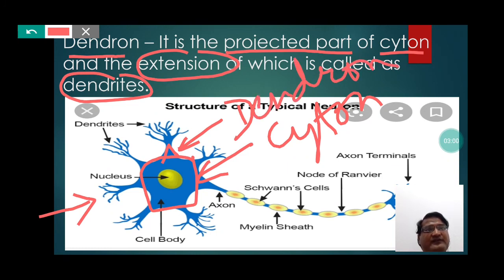So students, we can say that cyton extends to form dendron and dendron further extends into thin thread like structures which are called as dendrites.